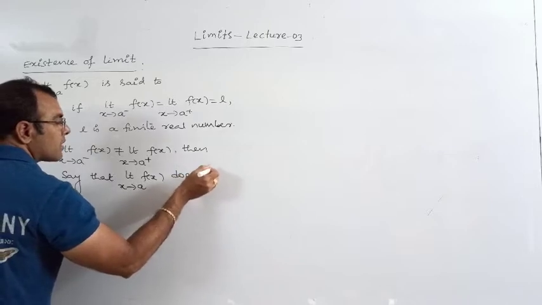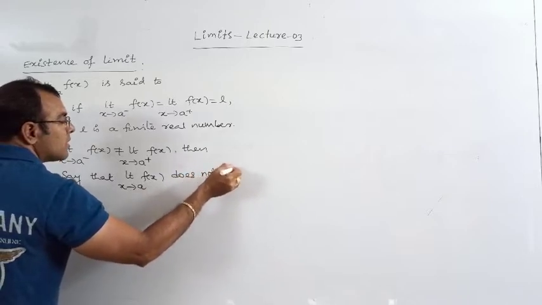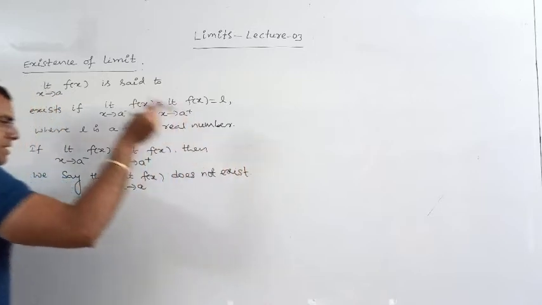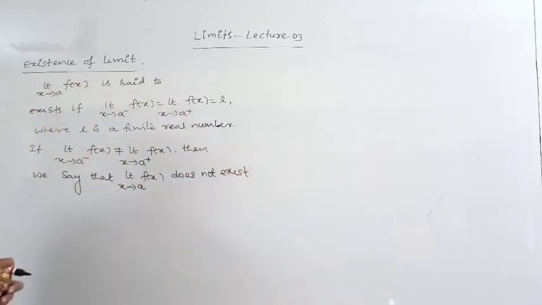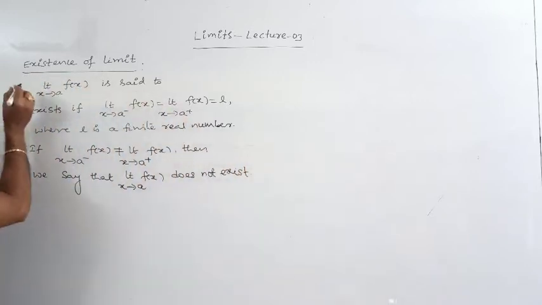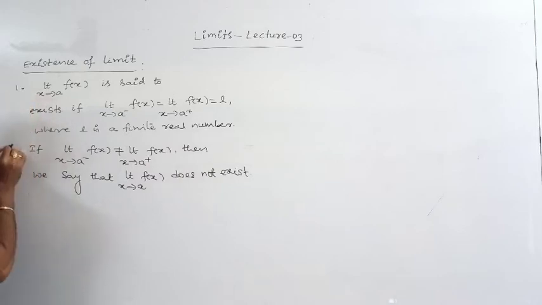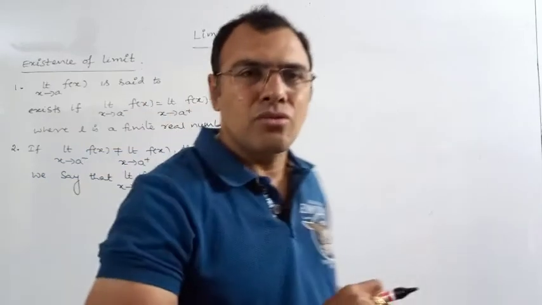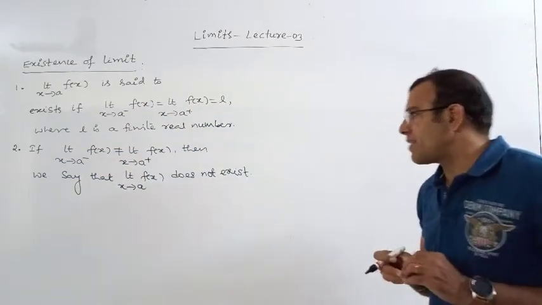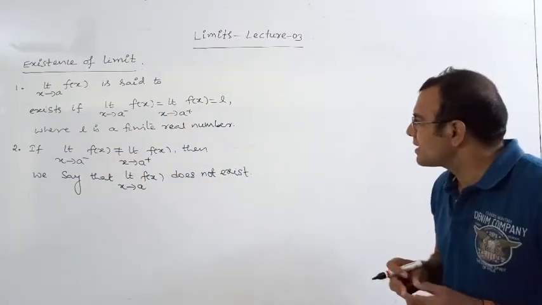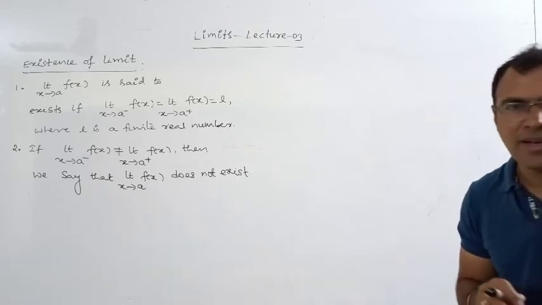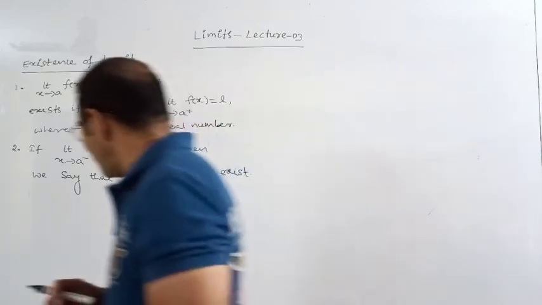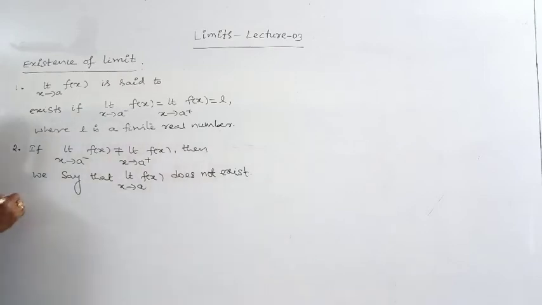This is important. So this is point number 1 and this is point number 2. I can give you very simple examples regarding limit does not exist.